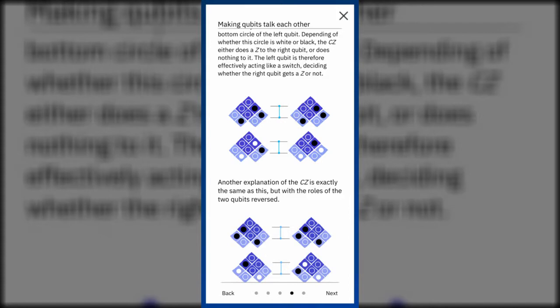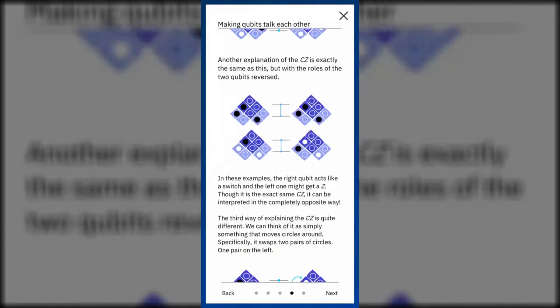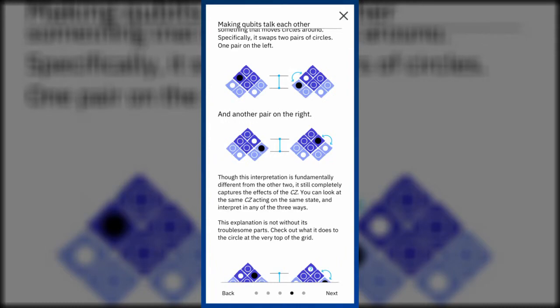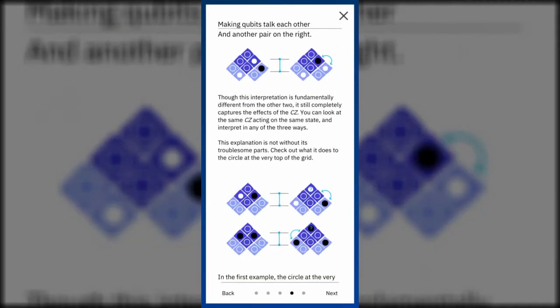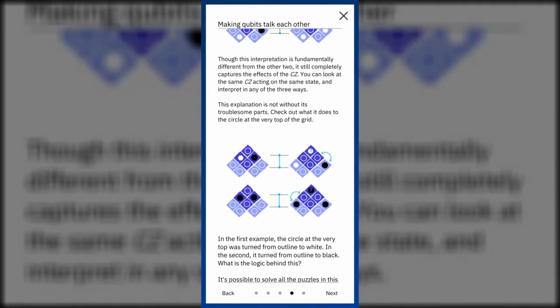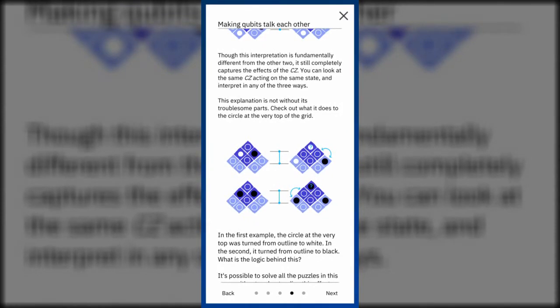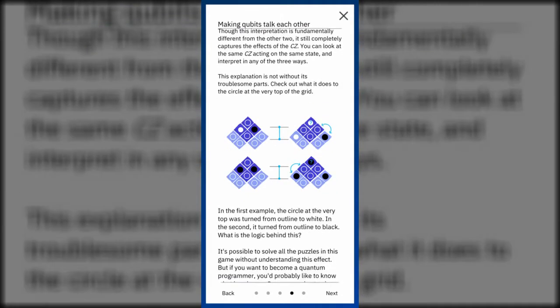But does this still mean they're entangled? I don't know. Oh, and that's a weird one.